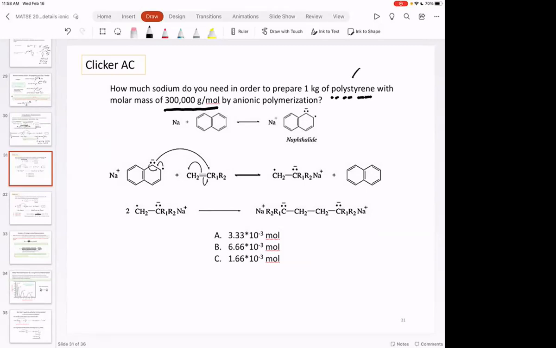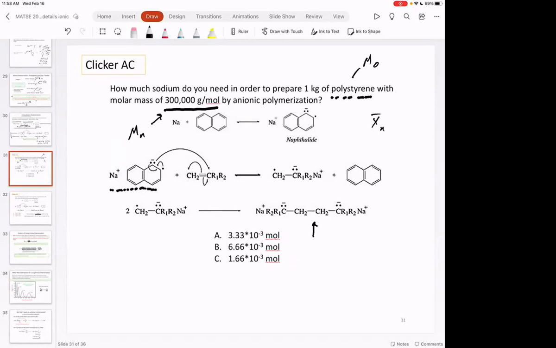We have M0. We have Mn. And how are M0 and Mn usually connected? That's right. So we can figure out what X bar N is. Great. Now knowing that, that means that how many monomers we add per chain, that is what X bar N is, right? And so the question is, how much initiation do you need in order to get that to happen, right?